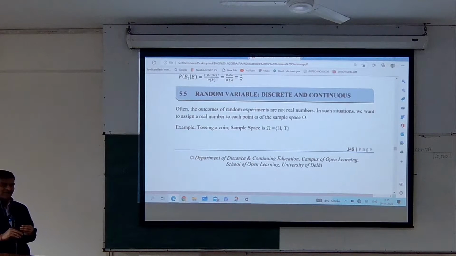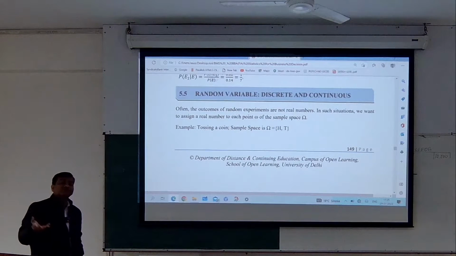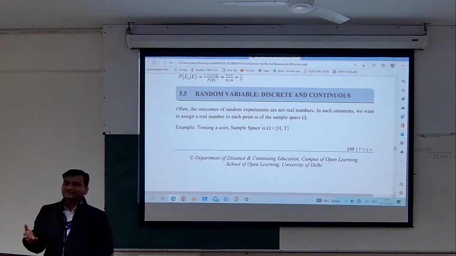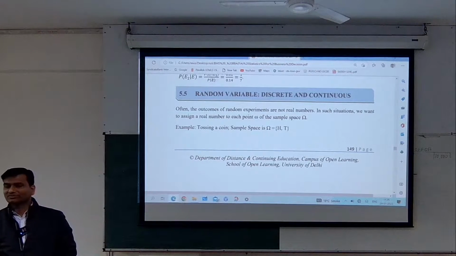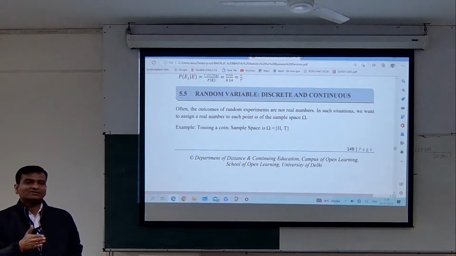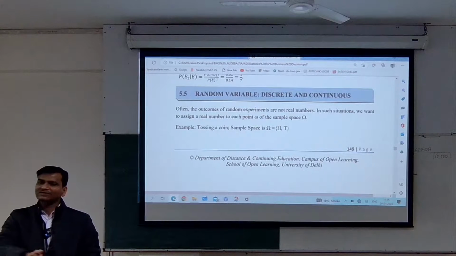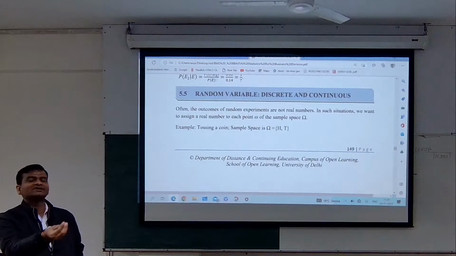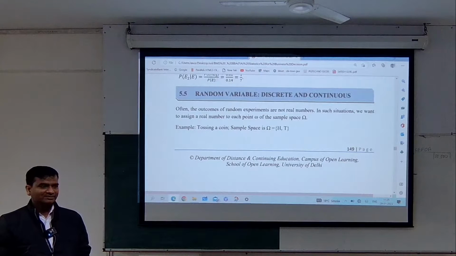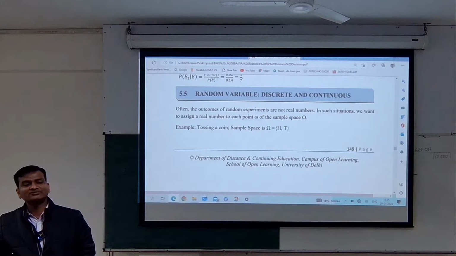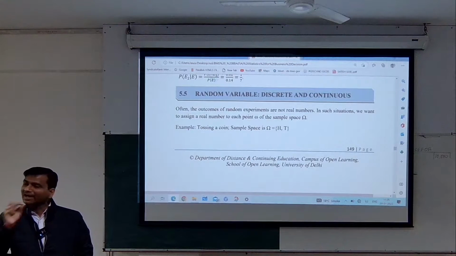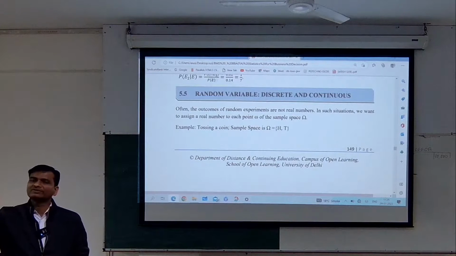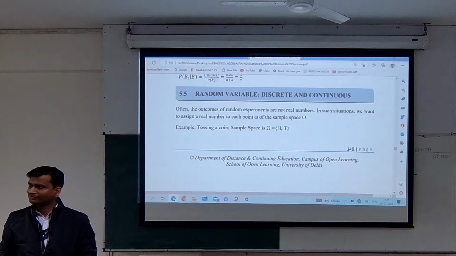If I say X is the height of the student, then what is the minimum value of height? Suppose I consider only this class, and the minimum height is 150 centimeters and the maximum is 210 centimeters. So X can take any value between 150 and 210.